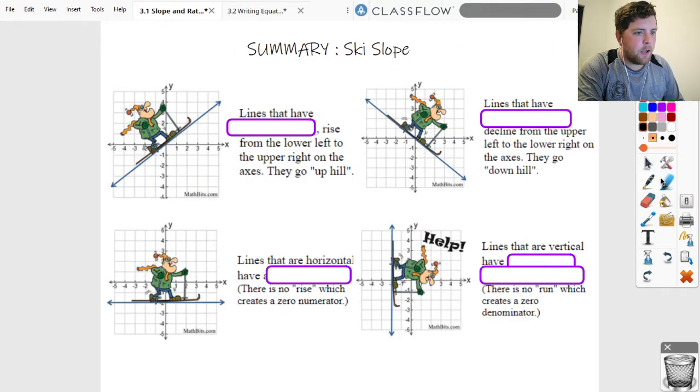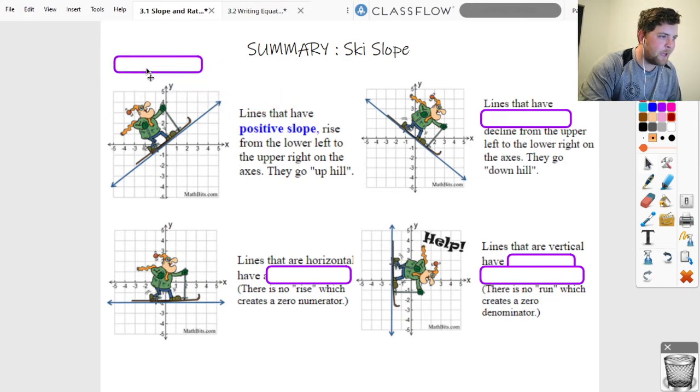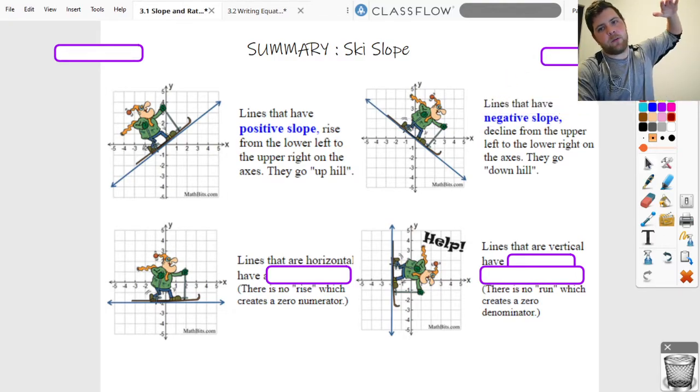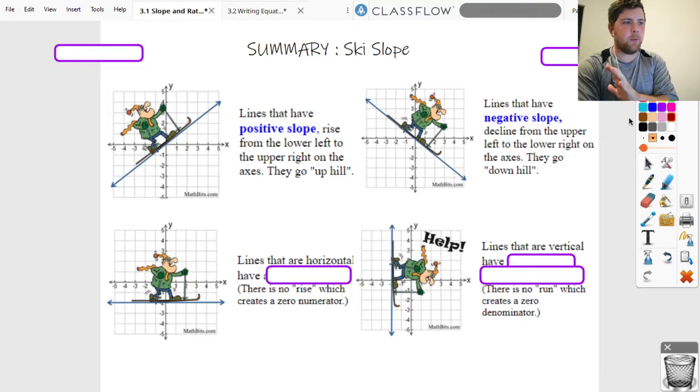Okay, a little helpful hint here. We talk about it as sort of like a ski slope. Lines that have a positive slope go from the lower left up to the upper right. They go uphill as we're going up the hill. Negative slopes decline, going from the upper left to the bottom right.